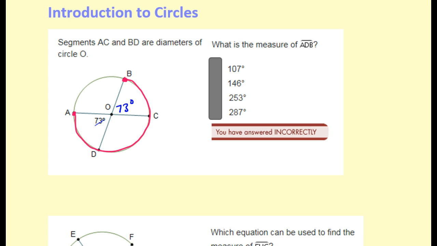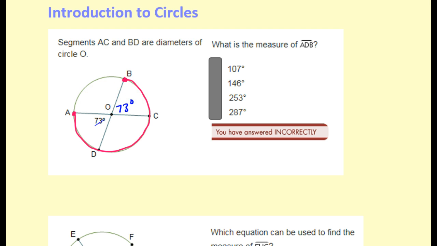Now, if you look at these angles over here, for example, like these two, this is a semicircle. These angles are supplementary, so they need to add up to 180.